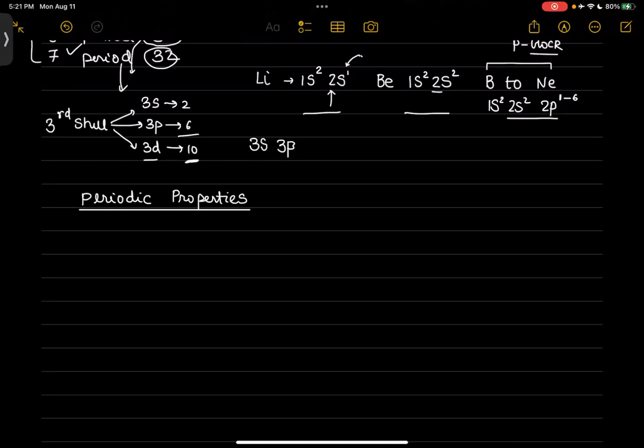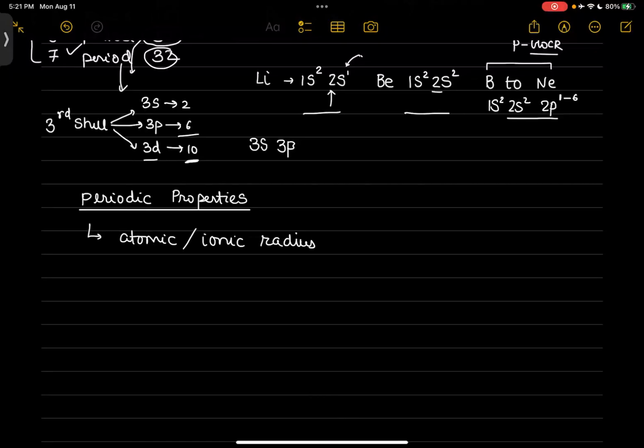So mostly what we are going to do is discuss some of the periodic properties like atomic and ionic radius.